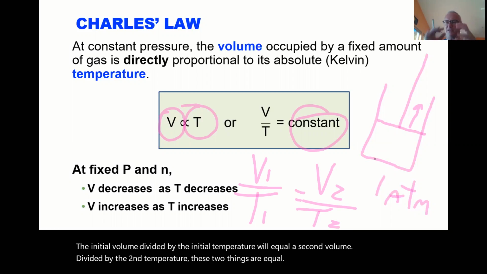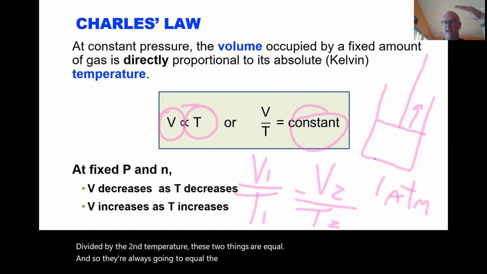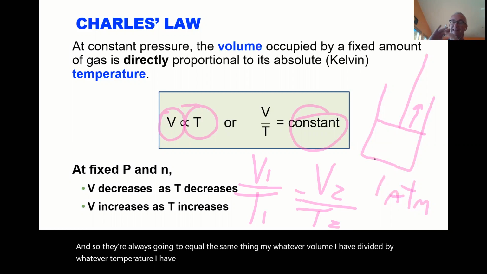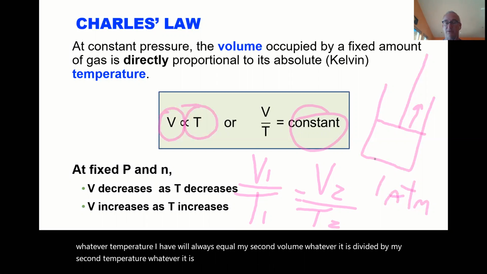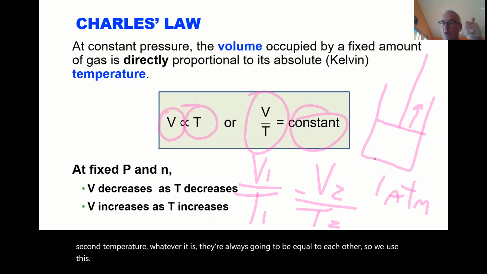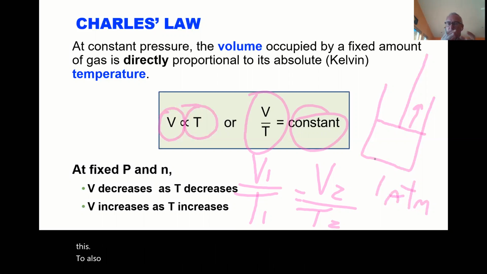And so they're always going to equal the same thing. Whatever volume I have divided by whatever temperature I have will always equal my second volume, whatever it is, divided by my second temperature, whatever it is. So we use this to also fit into how we're going to put all the different gas laws together.